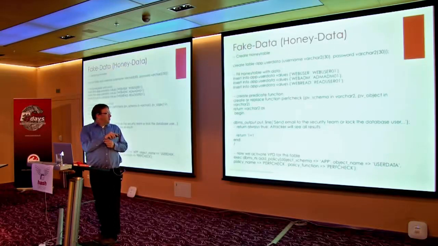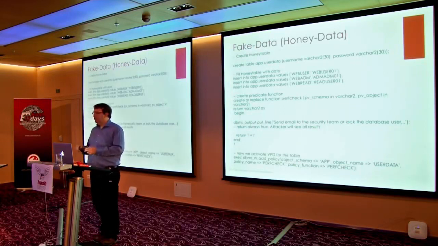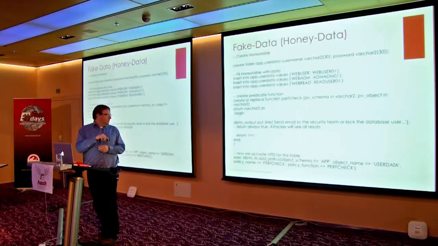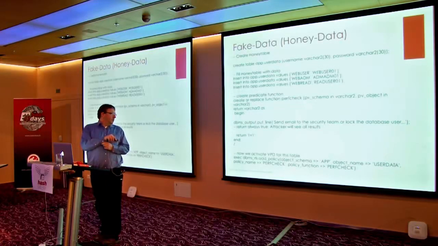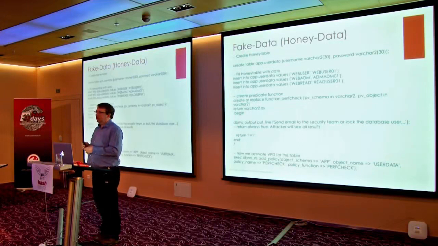And we create a function. And the function is doing our activity, sending an email, logging the account. And at the end, using the package DBMS_RLS, we are assigning this function to a table. So whenever someone is accessing this table, this function is executed and the payload in this function is executed.